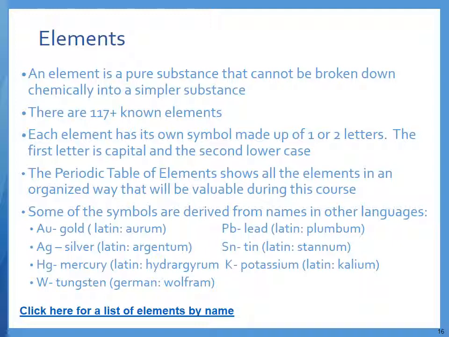The element cobalt has the symbol capital C, small o, and that would stand for cobalt alone. So you have to be careful that when you have one element that has a second letter, the second one is always lowercase.